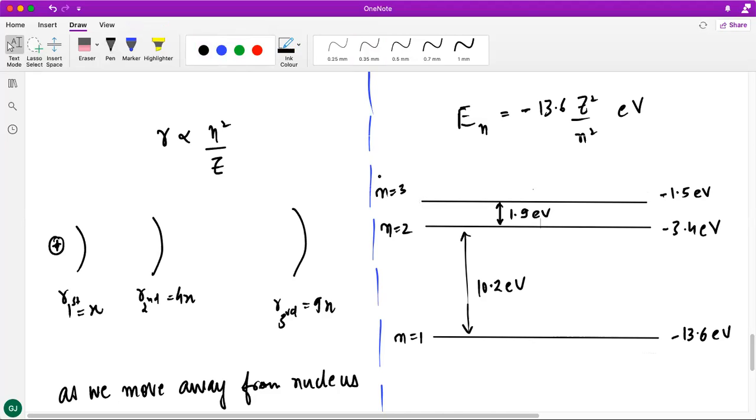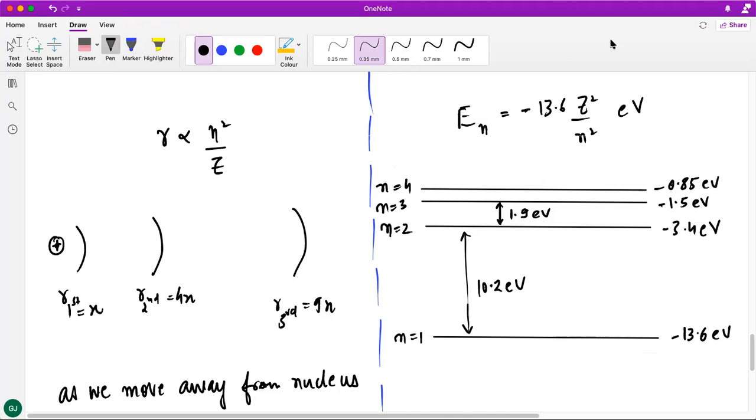Now you put n equal to 4, this gap further diminishes. Okay, let me actually bring these more lower. This will be n equal to 4 and this will be minus 0.85 eV. Correct.